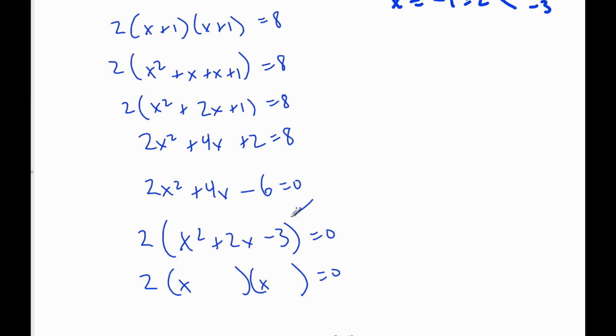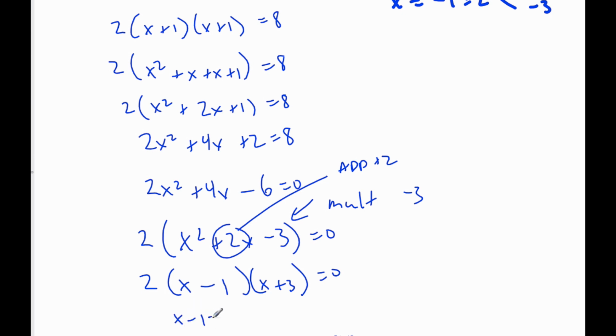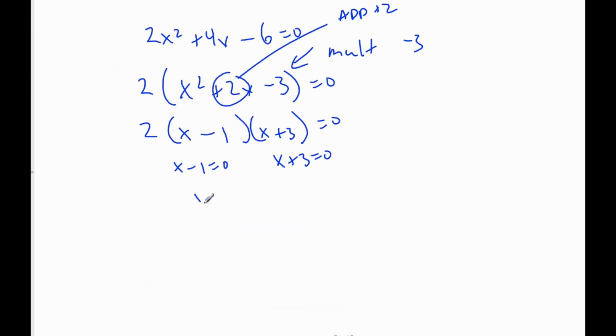What two numbers multiply to get negative 3, and then add to get a positive 2? Well, a positive 3 and a negative 1 will work. And then I know that x minus 1 equals 0 by the null factor law, and x plus 3 equals 0. And so then x equals 1 and x equals minus 3, which again is what we got up above.